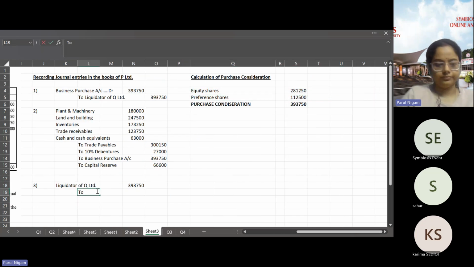So to equity share capital, then to preference share capital.